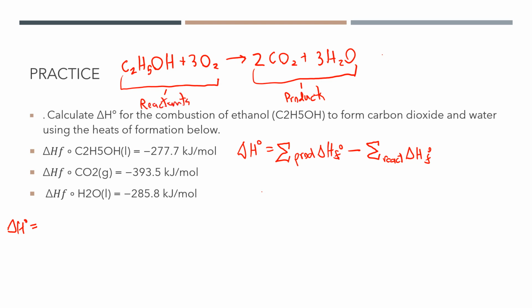So let's take this one. We have 2 of our carbon dioxide, so 2 moles, because we're asking per mole of reaction. For every mole of reaction, there's going to be 2 moles of that used up. So for 2 moles of CO2, we times that by the enthalpy of formation, which is -393.5 kilojoules per mole. Here, I'm going to put that all in big brackets.